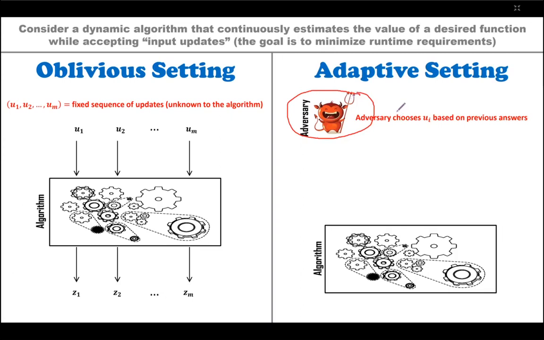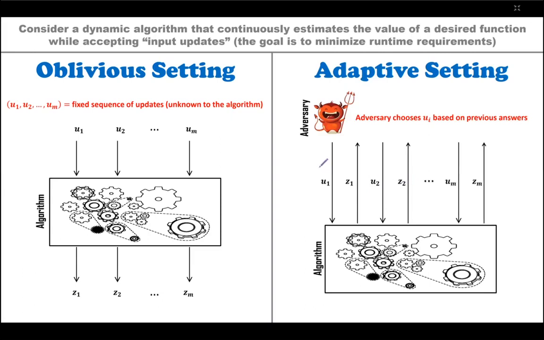So in the beginning, the adversary chooses the first update. The algorithm gets this update U1, responds with its first response Z1. Now the adversary gets to see this first response Z1, and based on Z1, the adversary chooses the next update U2. The algorithm responds with its next response, and so on.